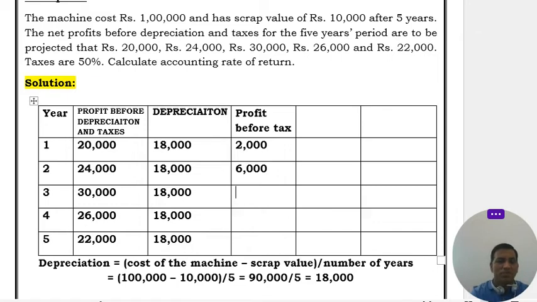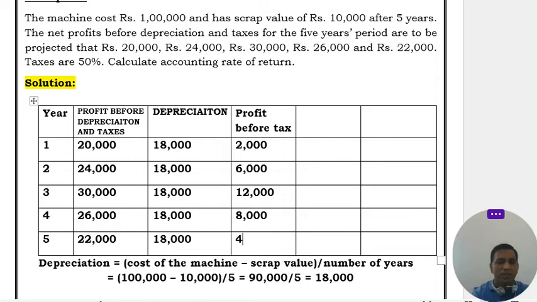That is profit before tax. Profit before depreciation and taxes minus depreciation will give you profit before tax. 30 minus 18, 12,000. 26 minus 18, 8,000.